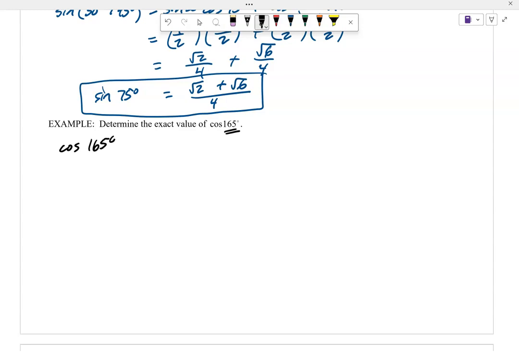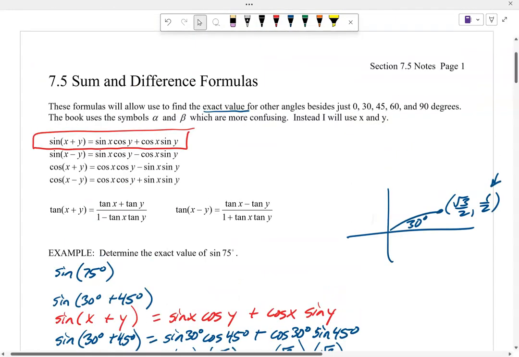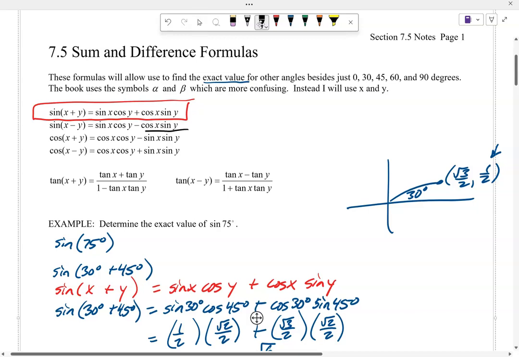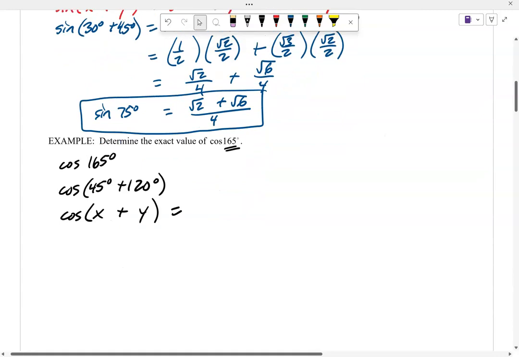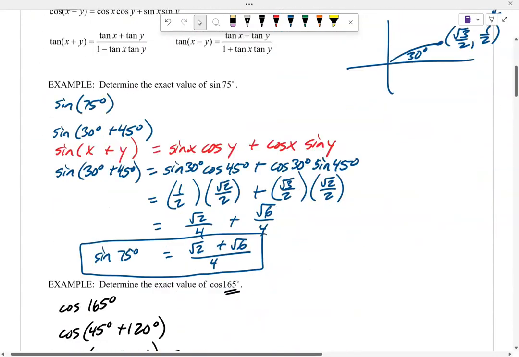So cosine 165 degrees, same as 45 plus 120, because I have a formula for the cosine of x plus y, or the cosine of alpha plus beta. I'm going to use this sum formula, this one right there: cosine x, cosine y, minus sine x, sine y.